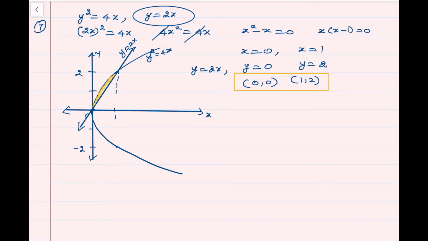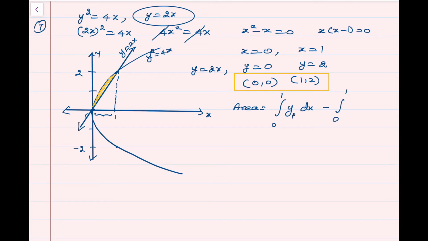The limit line is this, and for both the curves the limits are 0 to 1 if it is done with respect to x. So, upper curve minus lower curve. Upper curve is parabola, lower curve is the line. Therefore, area is equal to integral 0 to 1 of upper curve, which is y of parabola, minus the lower curve.